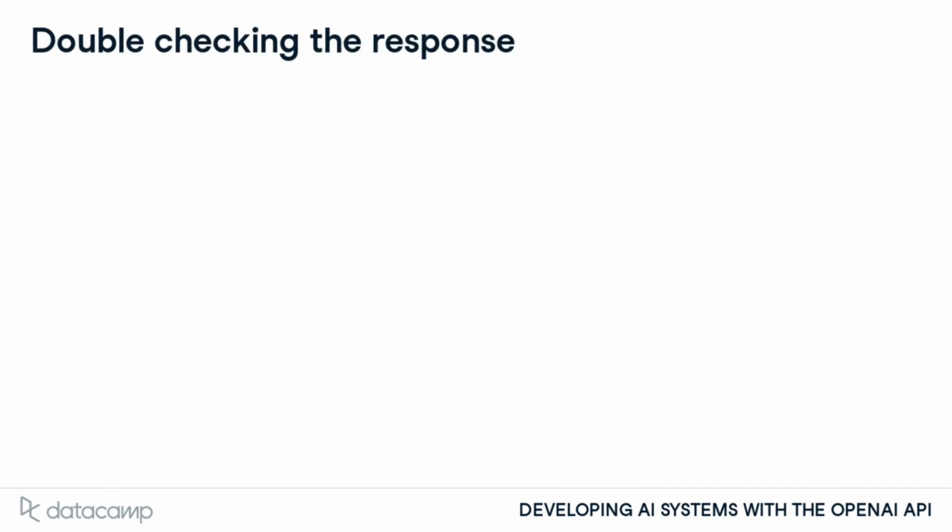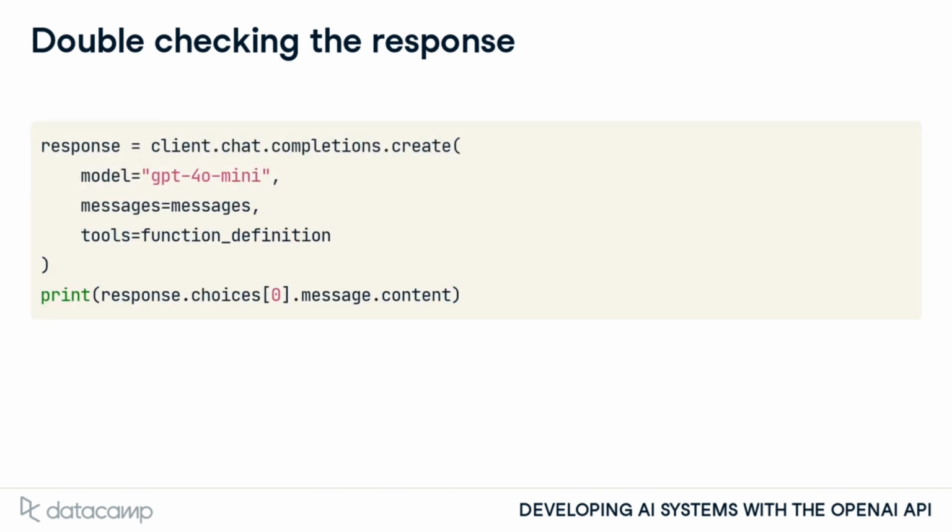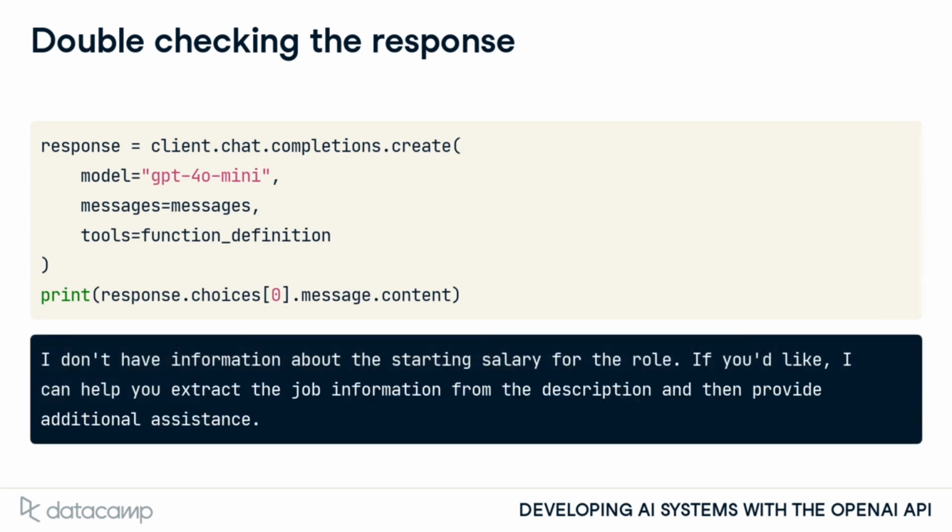One thing to account for in this case is that the model might return an empty dictionary if it cannot find anything suitable to respond to the prompt. Let's test the behavior of the model by asking for a piece of information that is not in the job description provided, the starting salary for the role.